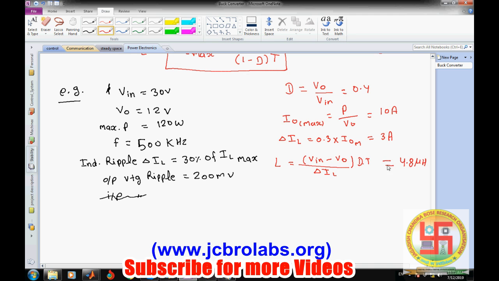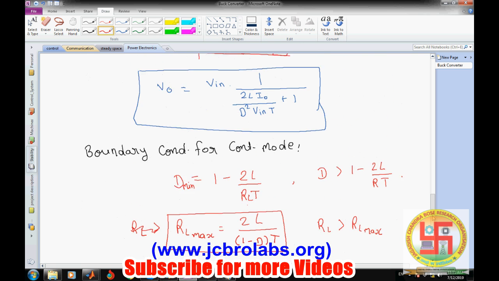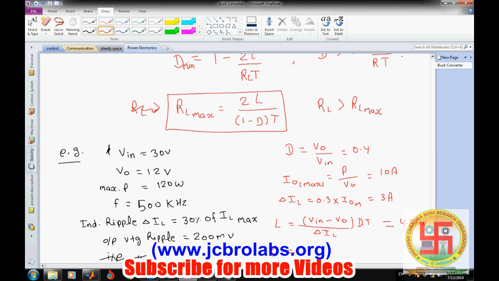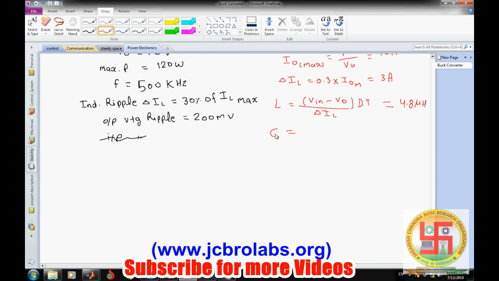So this L should be greater than or equal to this 4.8 microhenry, and we can find the value of C from this particular formula. The minimum value of C comes out to be 3.75 microfarad. Now once we have the L, we can find the value of RL max, the maximum load resistance which we can apply, and it comes out to be 8 ohm.